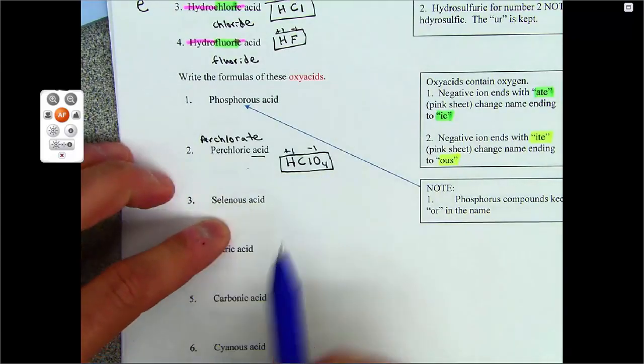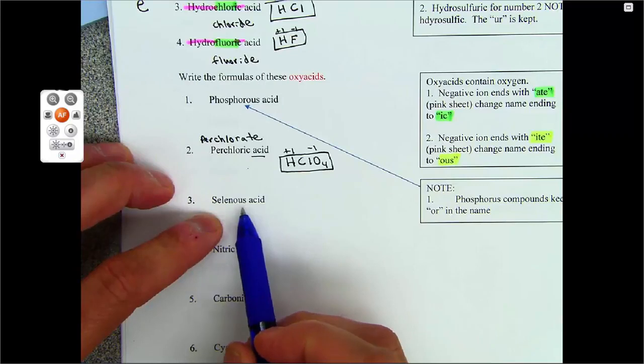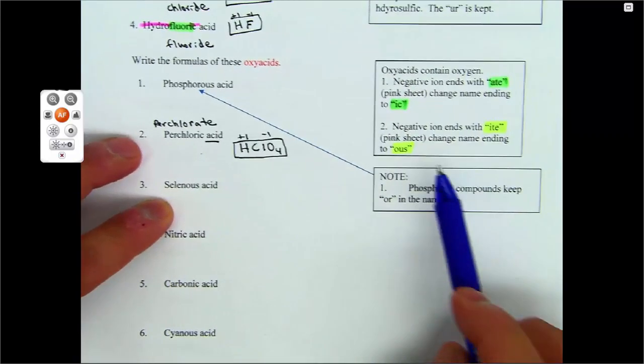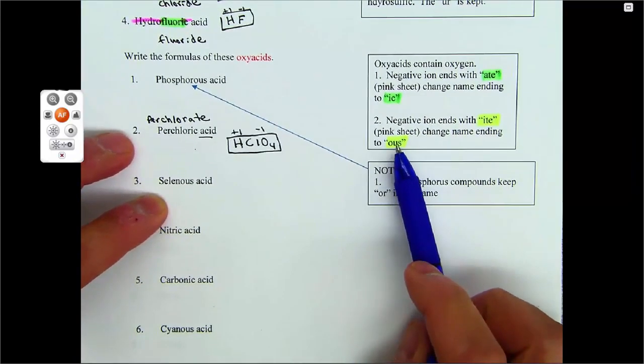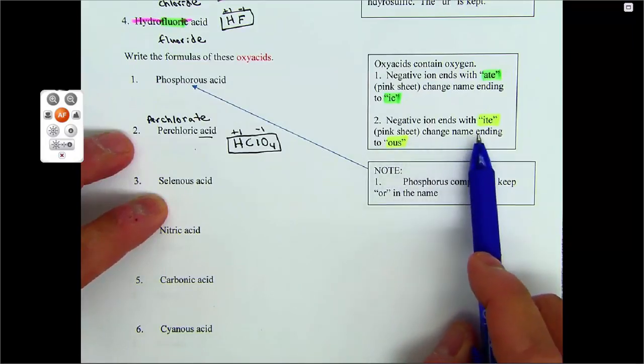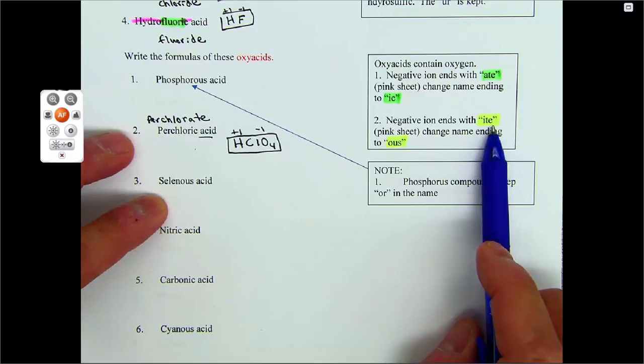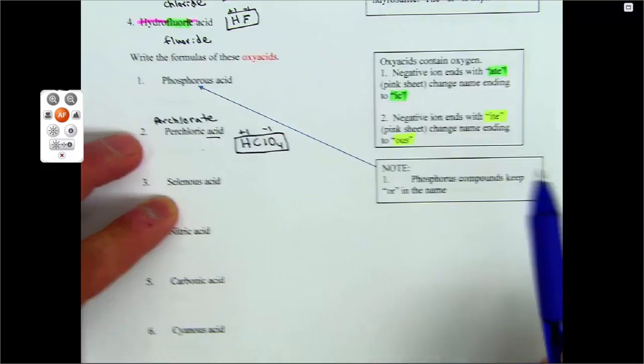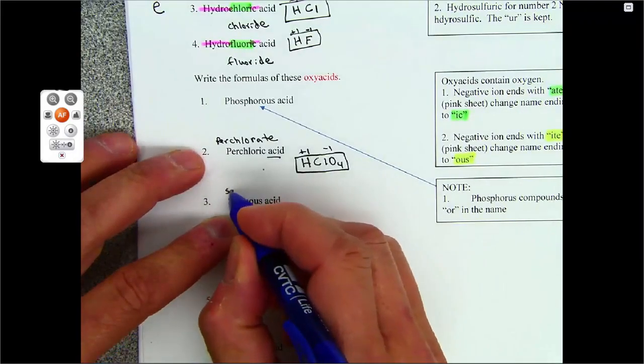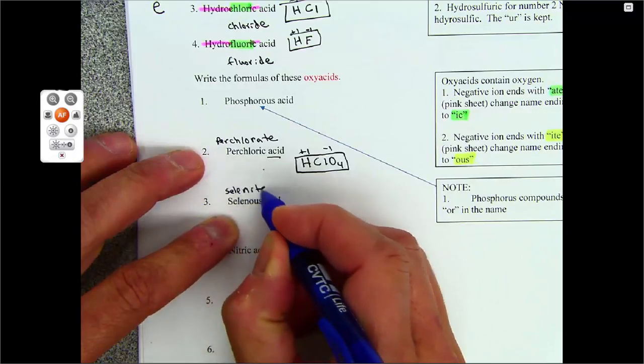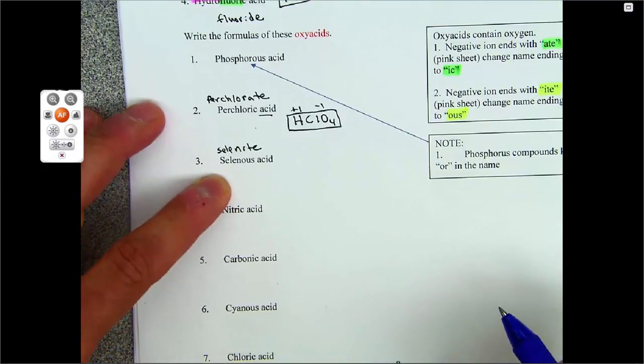Well, let's do number 3, selenous acid. Okay, this time the name ends in OUS. The negative ion we will see from our pink sheet would be ITE. So you'd be looking for selenite.